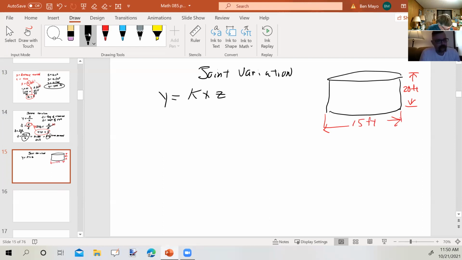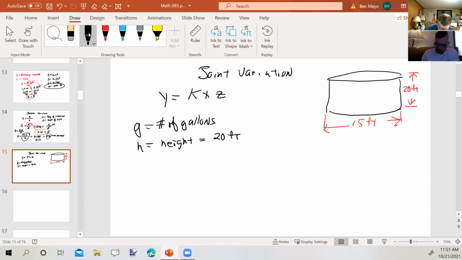Now, the number of gallons of oil that can be stored in a cylindrical tank. So we're going to let G equal number of gallons. Long before that was a hashtag, it meant number. So stored in a cylindrical tank varies jointly as the height of the tank. So H is going to be the height, which in this case is 20 feet.